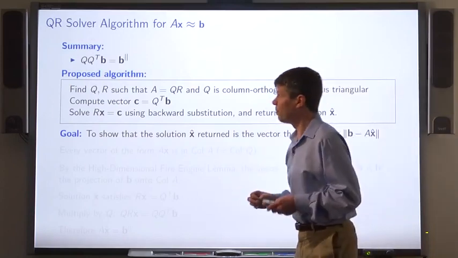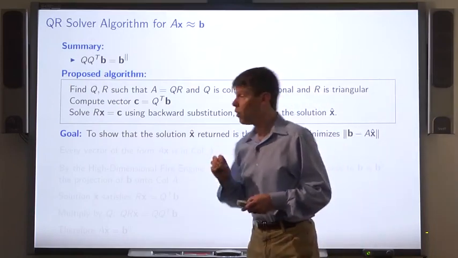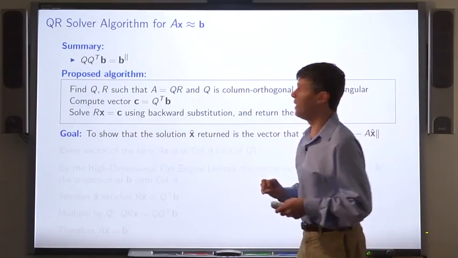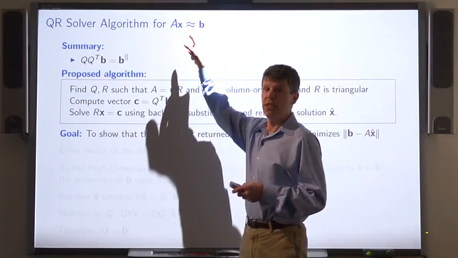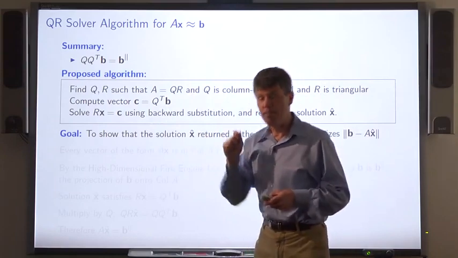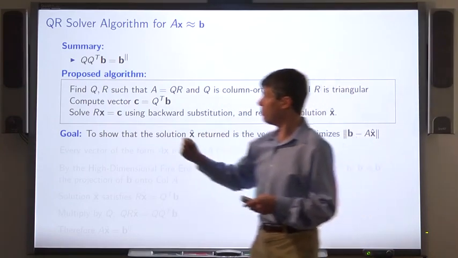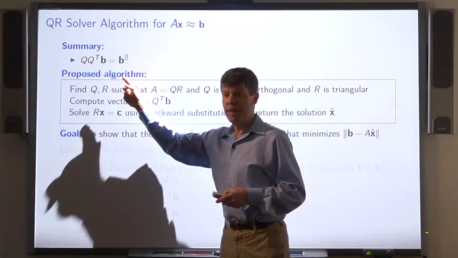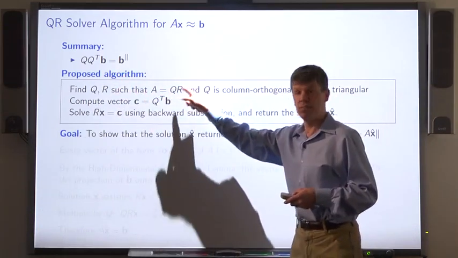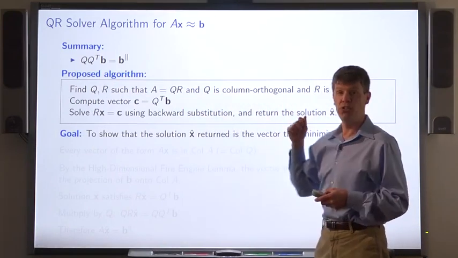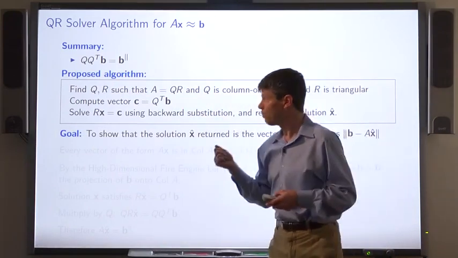Now let's use this. Here's the proposed algorithm for solving the least squares problem, that is, finding the vector x such that Ax best approximates the vector b. Here's the algorithm. Find matrices Q and R such that A is the product of Q and R, and Q is a column orthogonal matrix, and R is upper triangular.